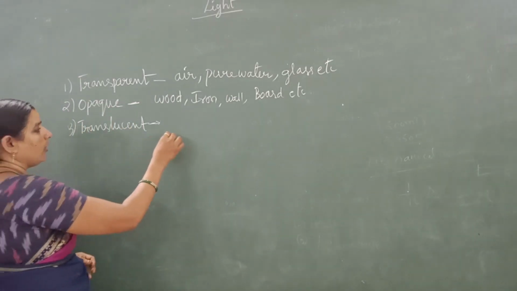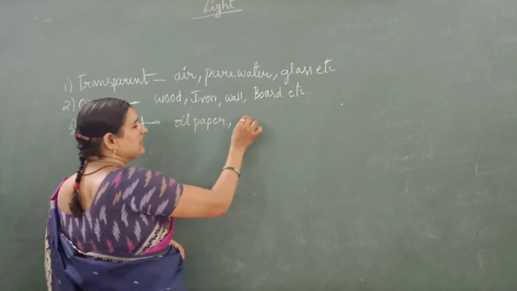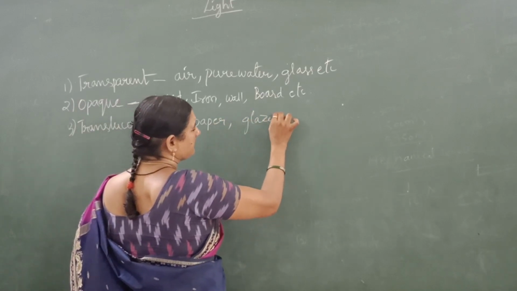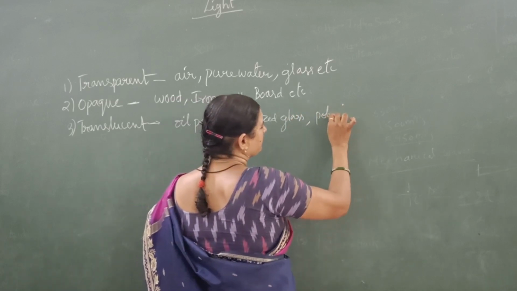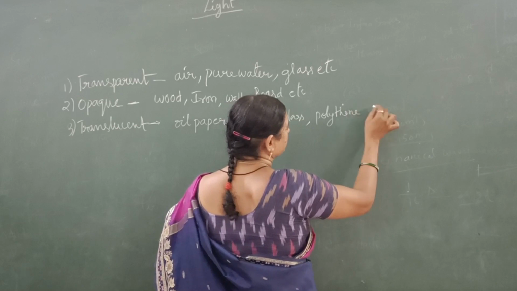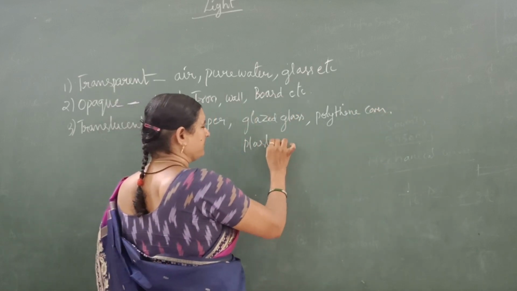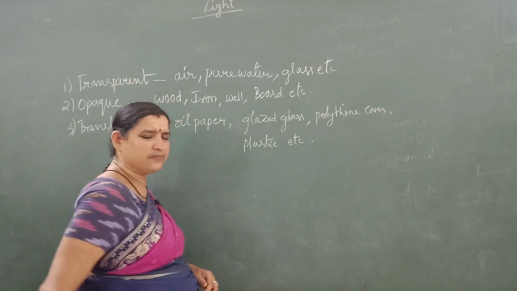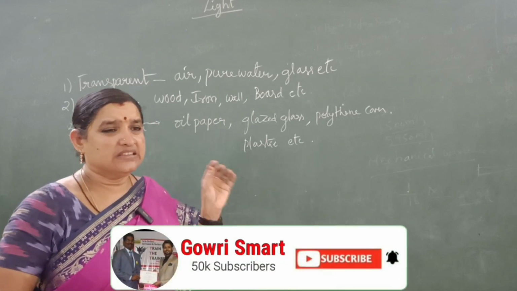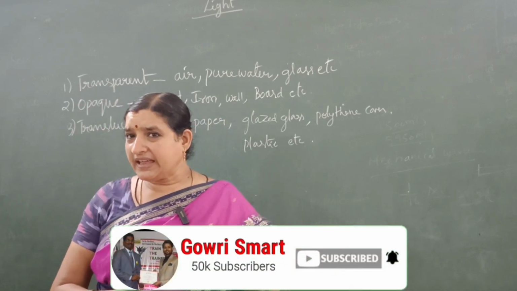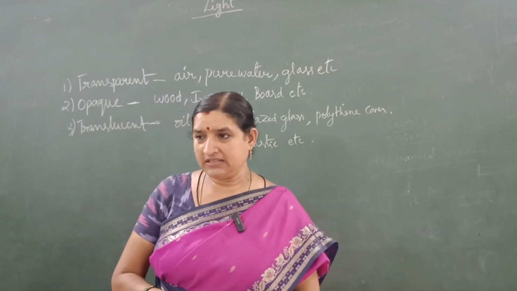For example, oil paper, glazed glass, some kinds of polythene cover, some kinds of plastic, etc. All those are translucent materials. Translucent means the materials which allow light to pass through them partially.